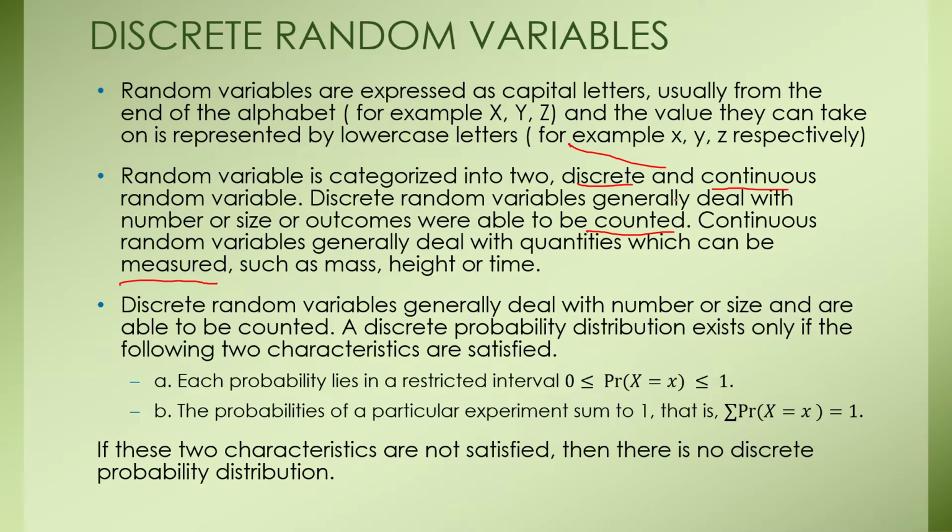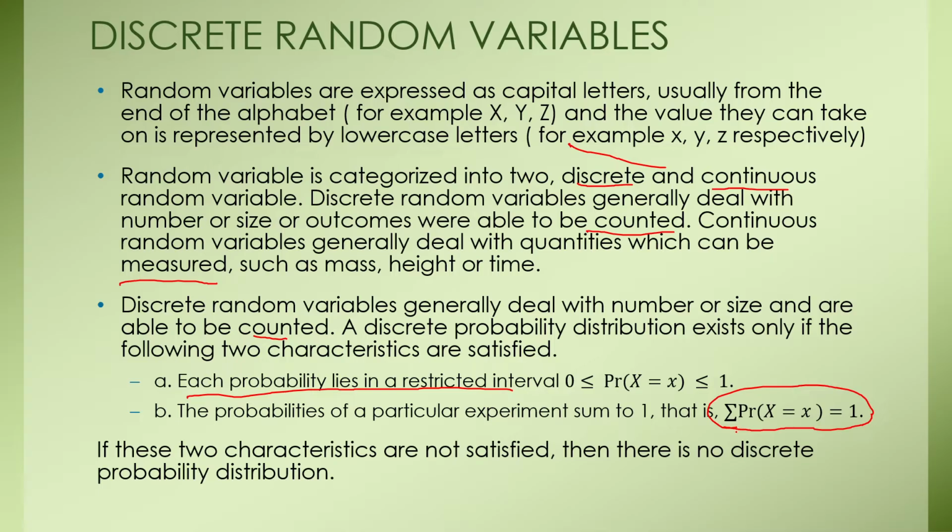When I talk about discrete random variables, they generally deal with the number or size and are able to be counted. A discrete random probability distribution exists only if the following characteristics are satisfied: each probability lies in the restricted interval between 0 and 1, and the probabilities of a particular experiment sum to 1, that is, the summation of probabilities is equal to 1.